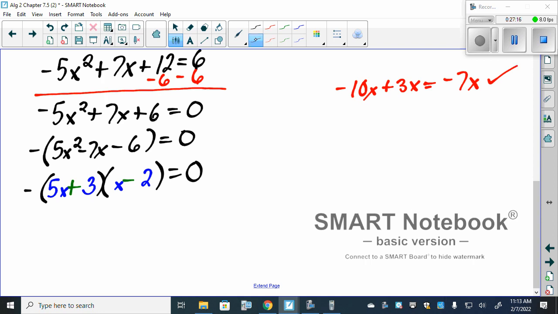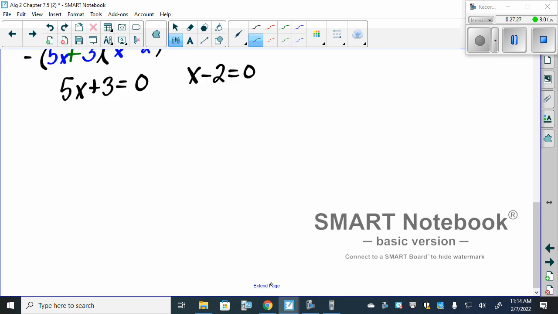And whenever we have two things multiplied together to equal 0, it's telling me that one of these must be 0. For the 5x plus 3 equal to 0, the first thing we can do is subtract 3 from both sides, which would tell us that 5x is equal to negative 3.